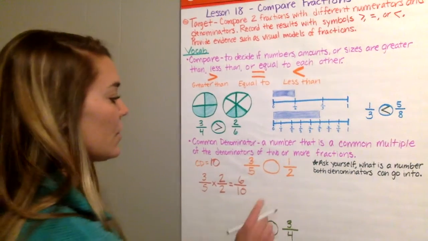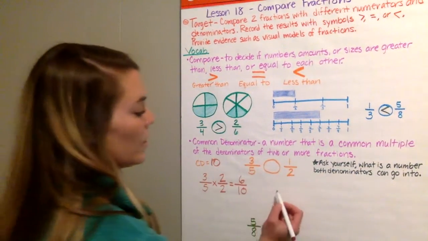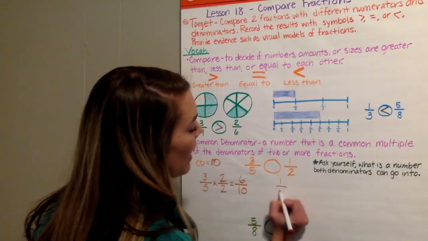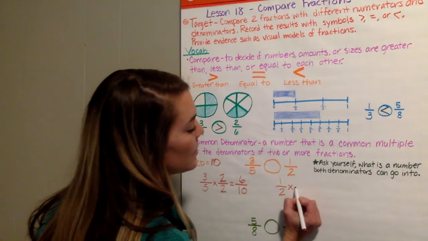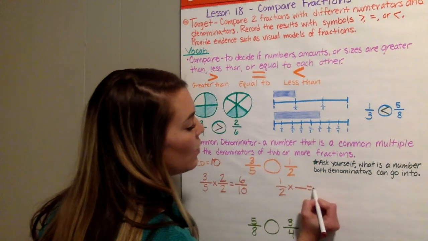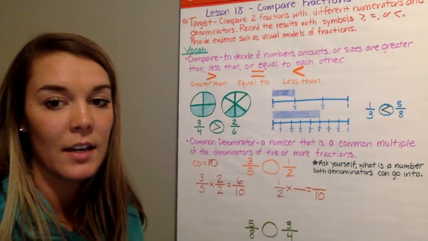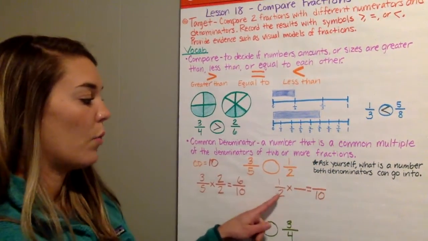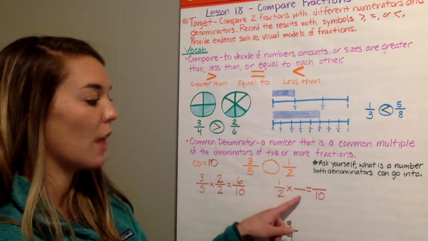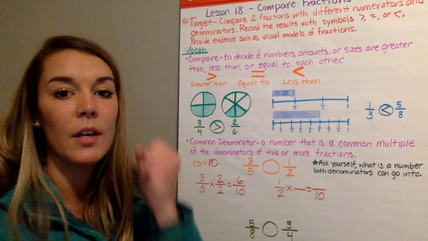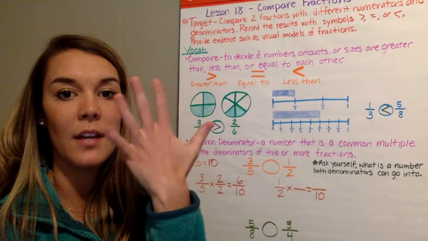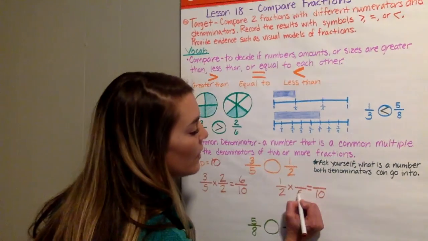Okay, so now we did this one, we need to do this one. So we have 1/2 times something that equals something with a denominator of 10. So we do 2 times what equals 10? 2, 4, 6, 8, 10. 2 times 5 equals 10.